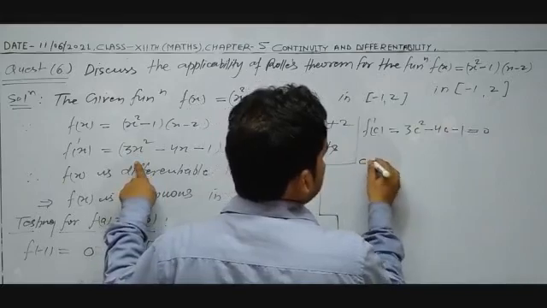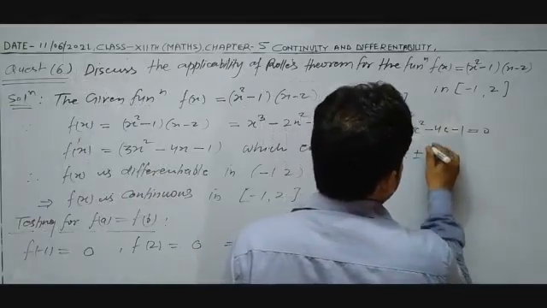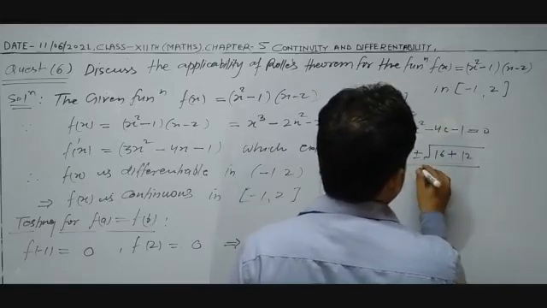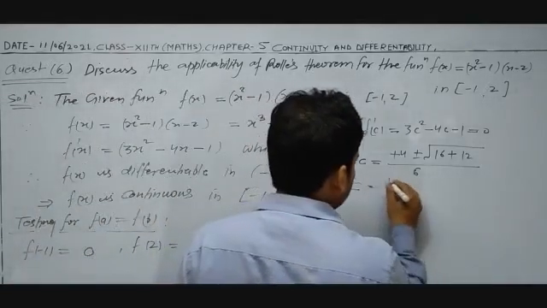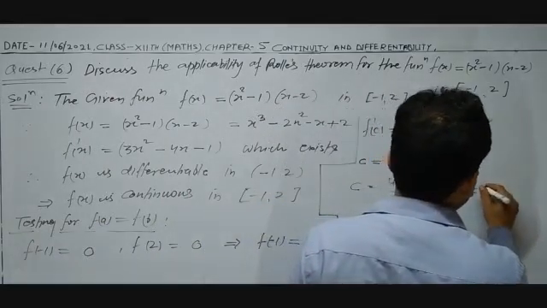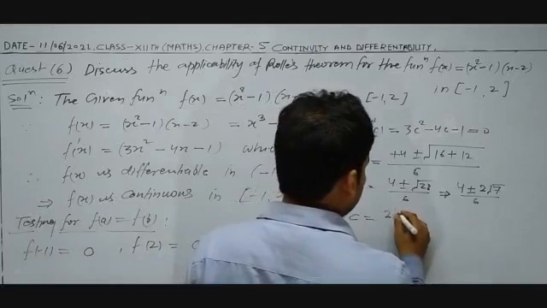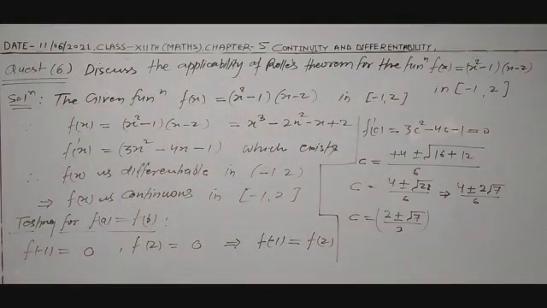By the quadratic formula, now you can calculate the values of c: c = (4 ± √(16 + 4×12)) / (2×3). The result is 4 ± √28 over 6, and now you can write 4 ± 2√7 over 6. After cancelling the common 2, the result will be (2 ± √7)/3. So this is the value of c.